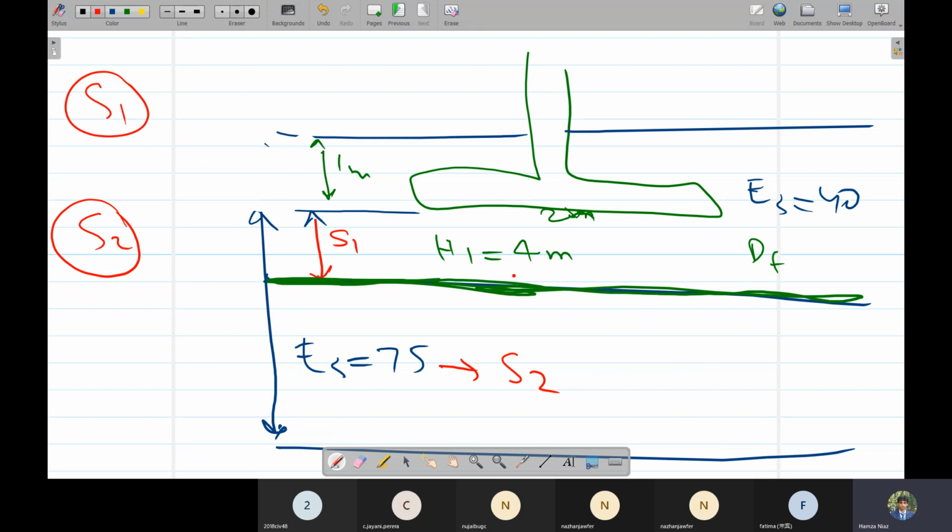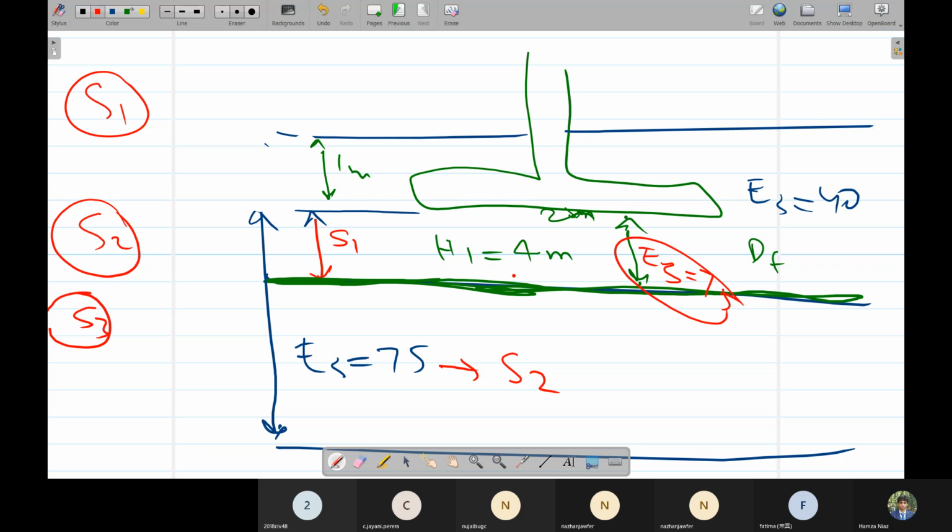From the base of footing to the bottom, only this one is present. And the third thing, they calculate again the settlement from base to this one, but with ES equal to 75, S3. So it is just their superposition.